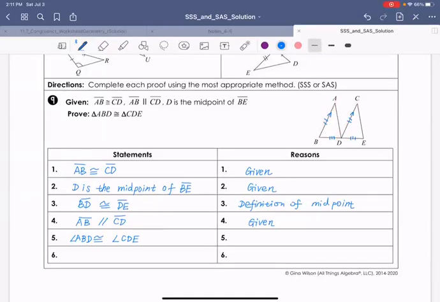Because of the corresponding angle postulate. Triangle ABD is congruent to triangle CDE because of side angle side.